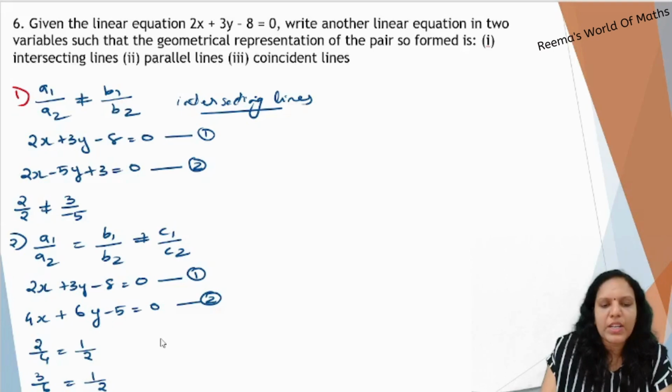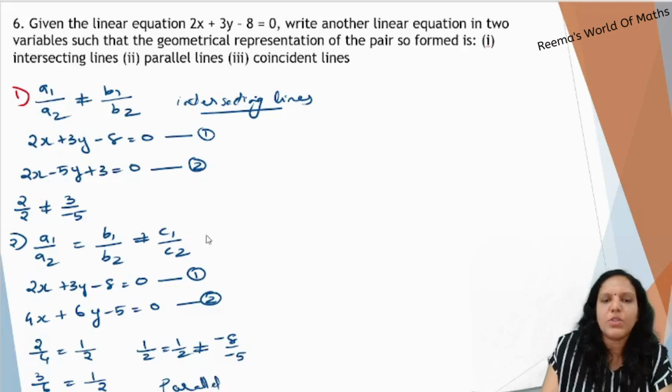So 1 by 2 is equal to 1 by 2, not equal to c1 by c2, which is minus 8 by minus 5. So in this case it will have parallel lines. That is the second equation in the second case.